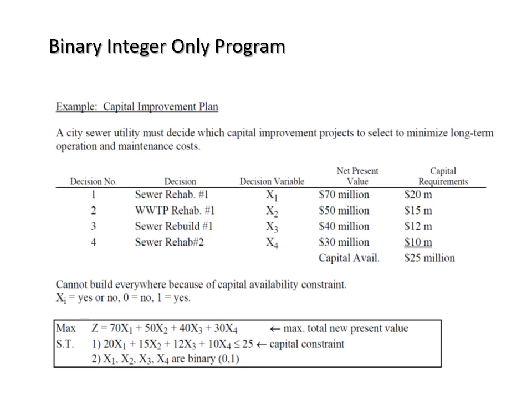And they have a couple different decision variables. And each decision variable corresponds to a specific project that they could possibly undertake. And in this case, we have 4 different ones. They could do sewer rehabilitation, wastewater treatment plant rehabilitation, a sewer rebuild, and a sewer rehab.